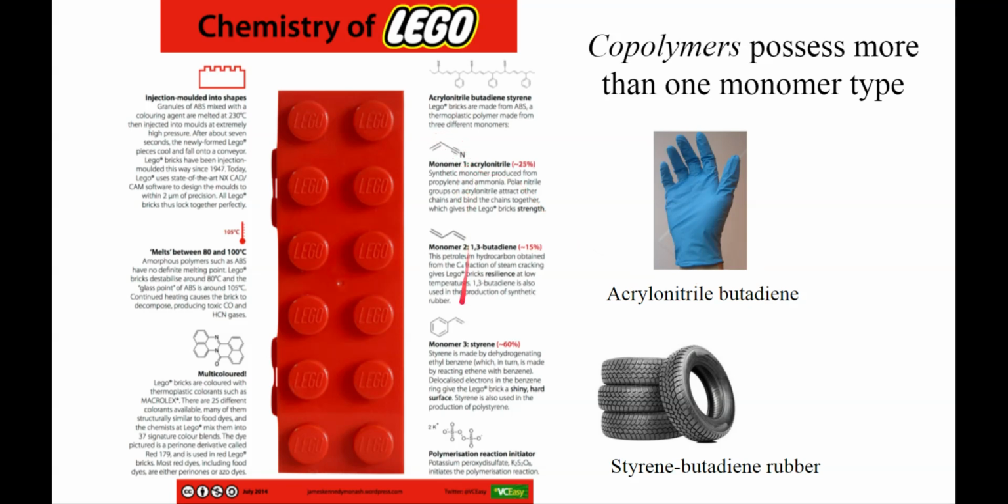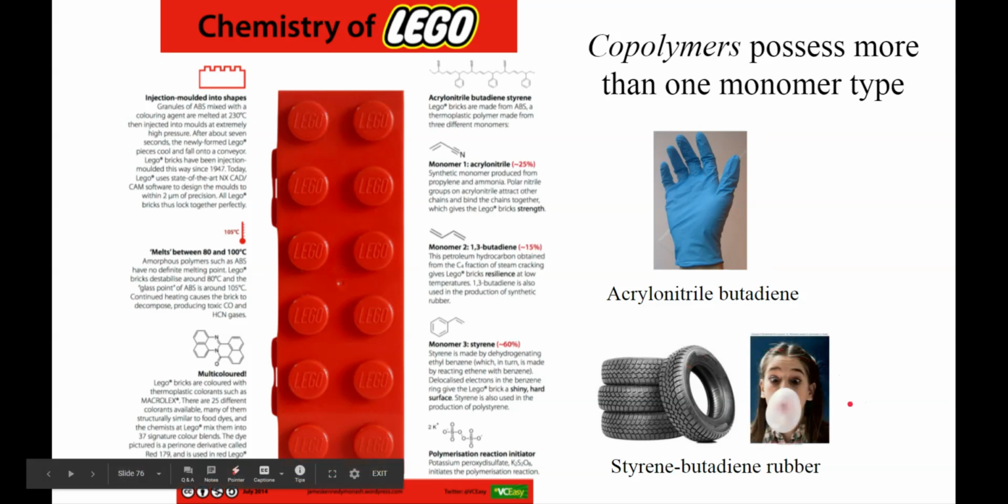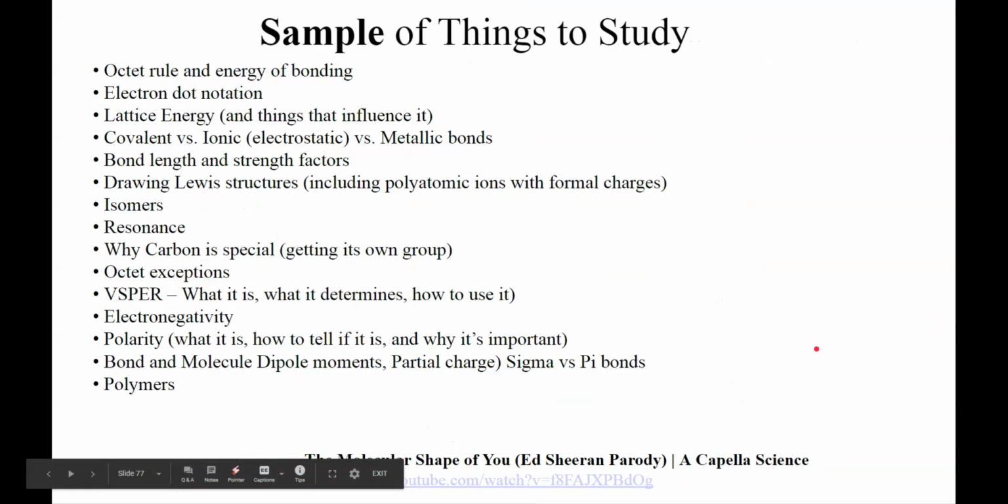So Legos have 3 monomers: acrylonitrile, 1,3-butadiene, and styrene. And together they give them the favorable properties that they like. And you can read all this for fun facts. Again, things like plastic gloves, tires, even bubblegum are all generally synthetic plastics. And again, a lot of them are copolymers.